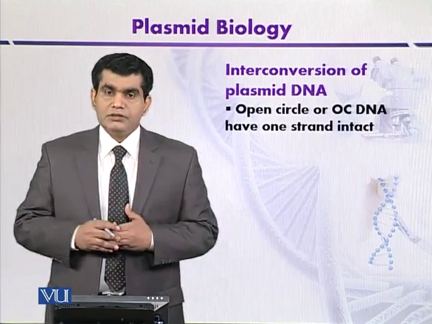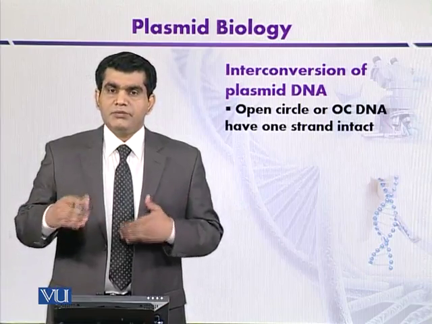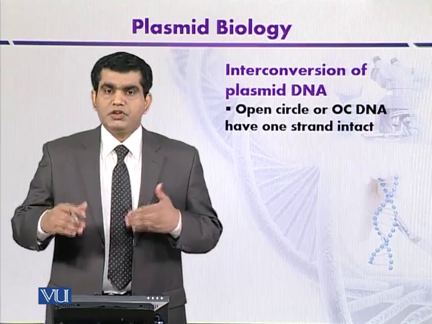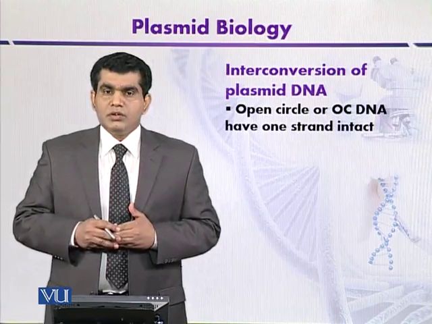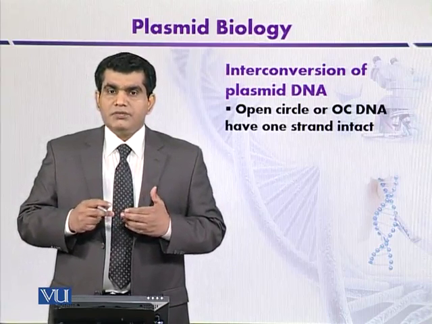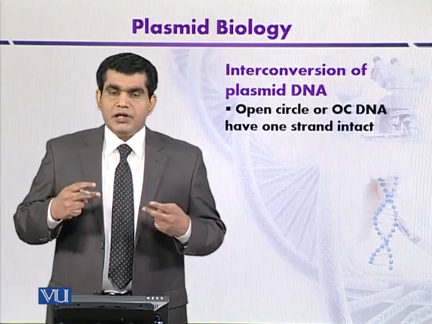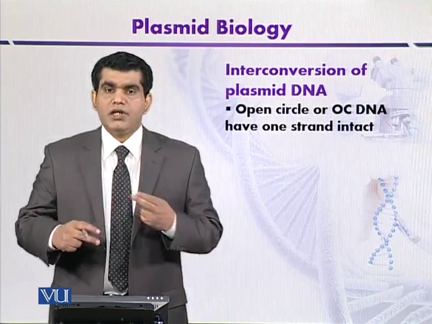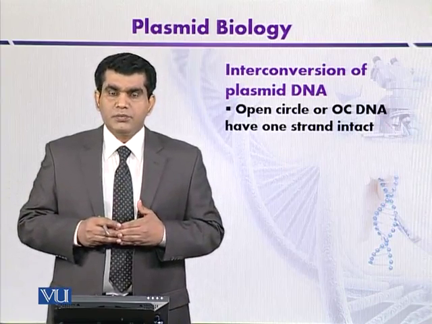So naturally, when we try to isolate plasmid from the bacterial cells, it is present mostly in supercoiled form. Supercoiled means that the double helix structure of the DNA again has a coil, that is, it coils itself, and then it is called supercoiling.